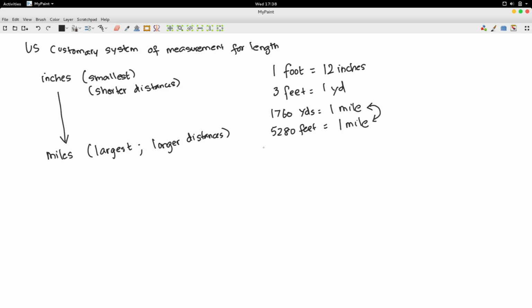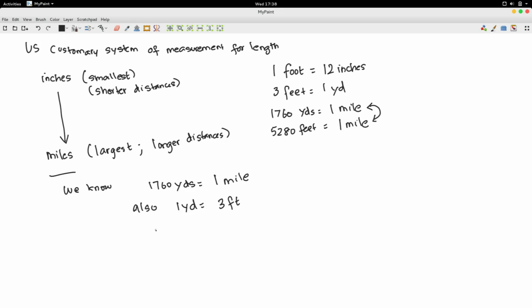We know 1760 yards is equal to 1 mile, but we also know 1 yard is equal to 3 feet.